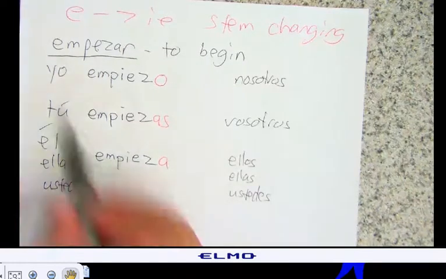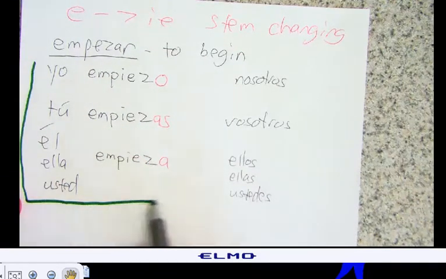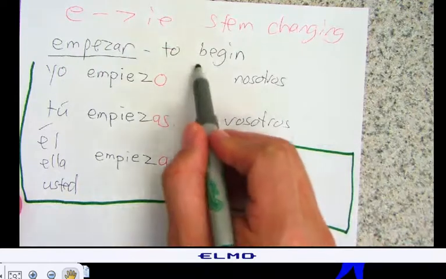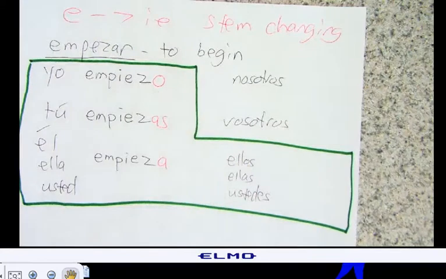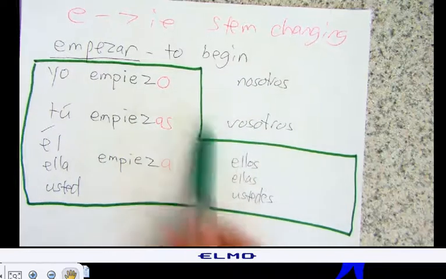Former Spanish 1 students will recognize what I'm doing right now. What am I drawing right now? This is what kind of resembles a boot. You're going to hear of stem changing verbs referred to as boot verbs. What that means is that the stem change happens only inside the boot.